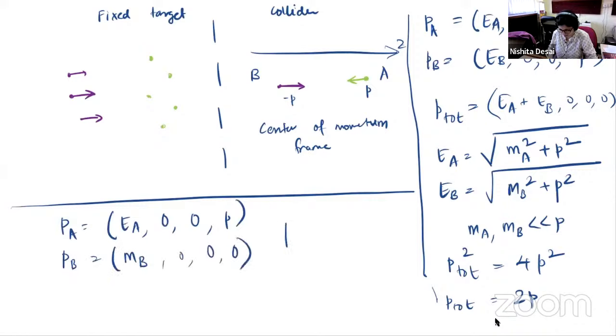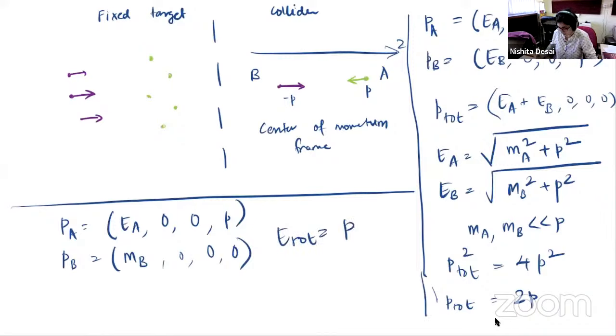And in that case, the energy that you have available for collision would simply be roughly p instead of 2p.